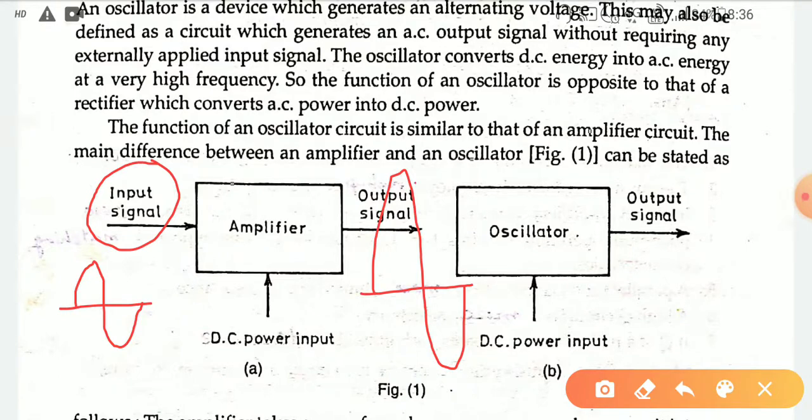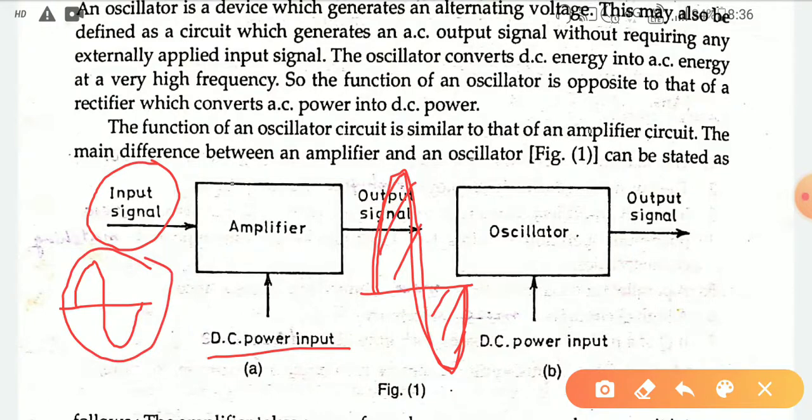So here amplification is done due to the DC input power, and the output waveform formation will depend on what kind of input you are applying or providing for that particular amplifier.